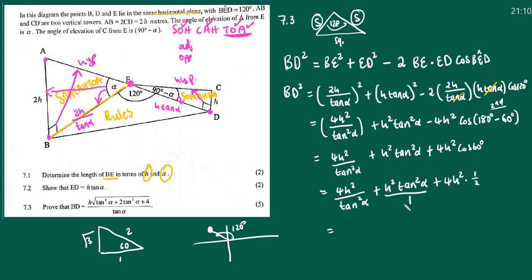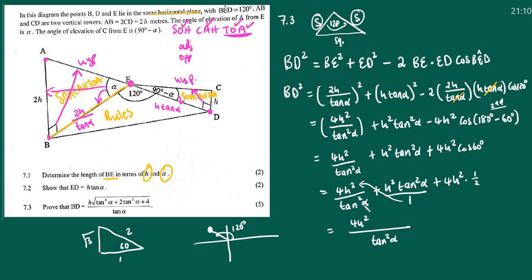Then remember, how do we combine fractions? Now this requires knowledge from identities. So the bottom parts, we multiply them together. You have tan squared alpha. Then 1 times this is going to be 4h squared.